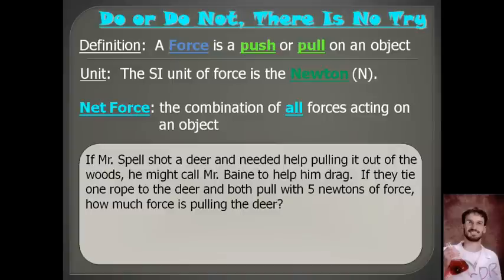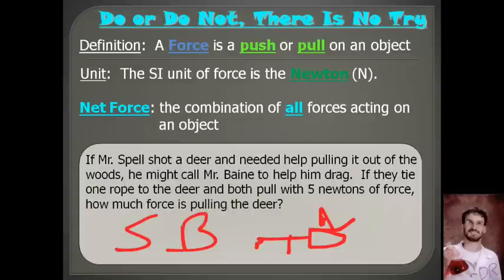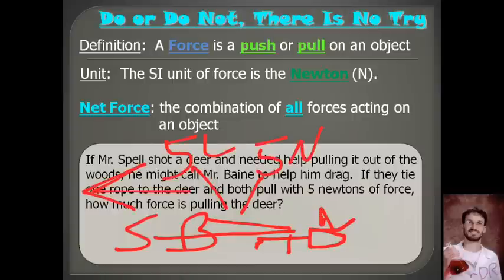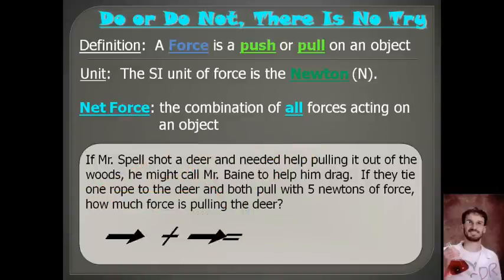Well, in physics, it always helps to draw a picture. So if we had the deer, and we have Mr. Spell, and we have Mr. Bain, and they each have a rope attached to the deer, and each rope is 5 newtons of force, and they're both pulling in the same direction, well, you would add them together, and you would get a whopping 10 newtons of force.